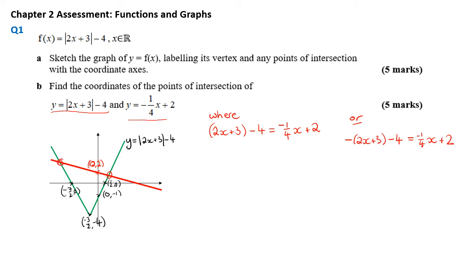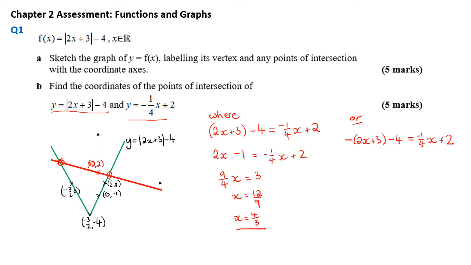For my second intersection point, this came from the reflected part of 2x plus 3. So that was minus (2x plus 3) in brackets. Then it was shifted down by 4, and it's where that part of the line intersects minus 1/4 x plus 2. So we've just got these two linear equations to solve to find x.